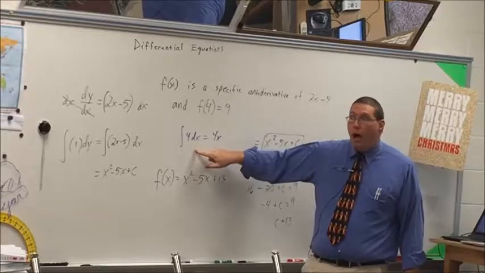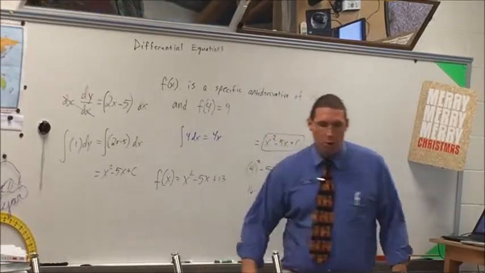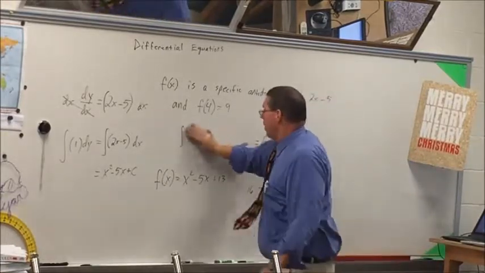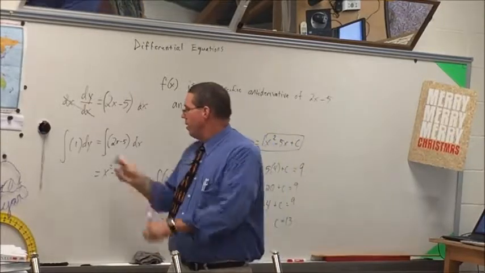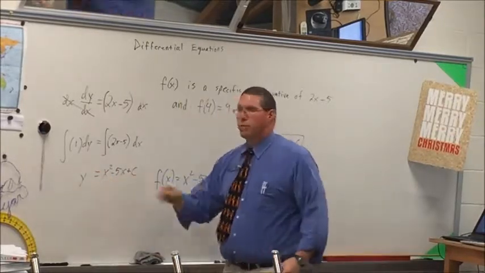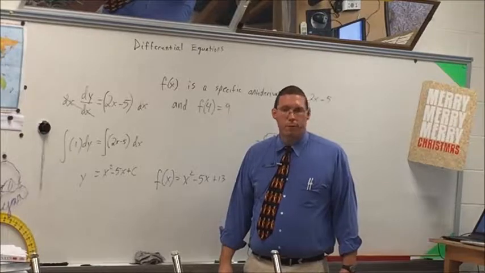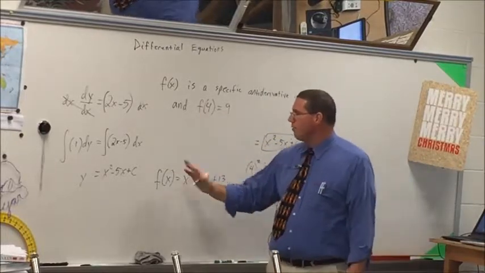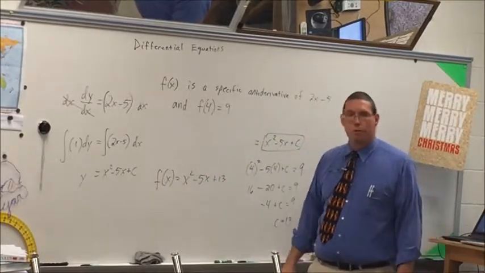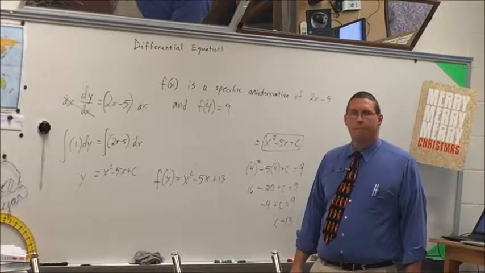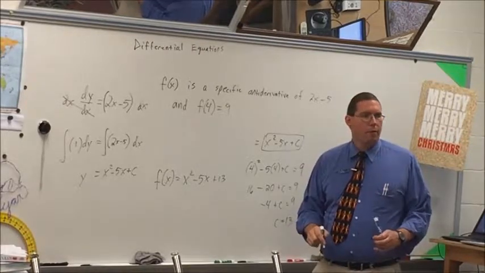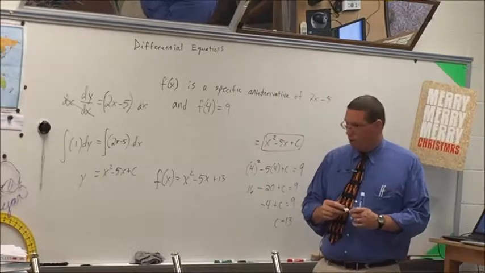It would just be y, correct? So y equals, which is what we basically had over here, but instead of y equals, we came up with f of x equals. Right? Do we feel okay with this? Okay.